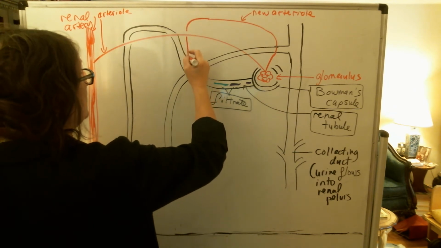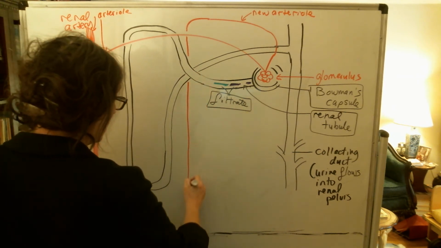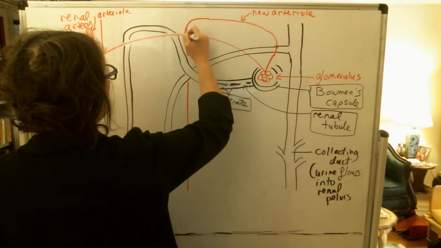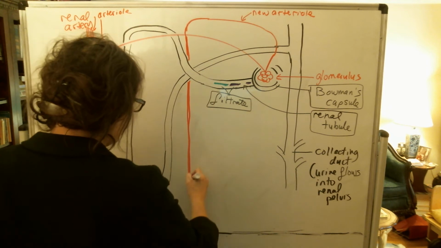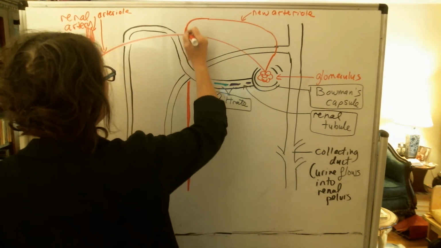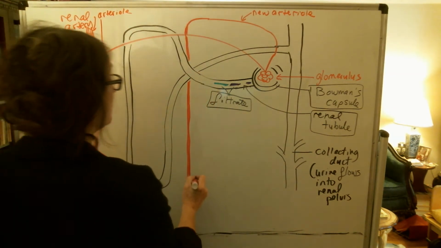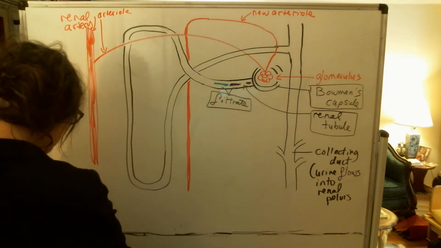I'm just going to do it like this. But here we now have a capillary bed that does the stuff that capillary beds usually do. That is to say, you have oxygen-rich blood in this arteriole. This is still an arteriole here, okay?